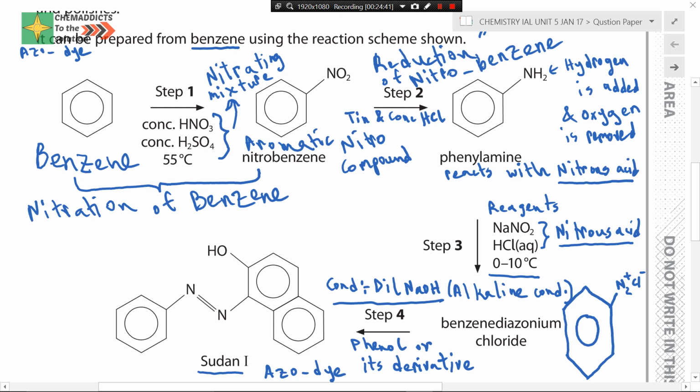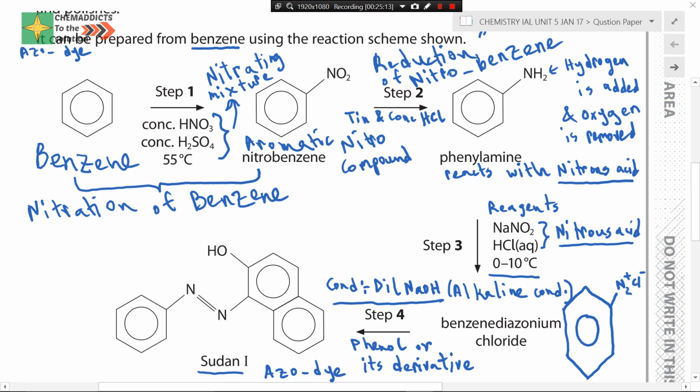The reagents are sodium nitrite and HCl, which react together to give nitrous acid, which then reacts with phenylamine to give benzene diazonium chloride at 0 to 10 degrees Celsius.